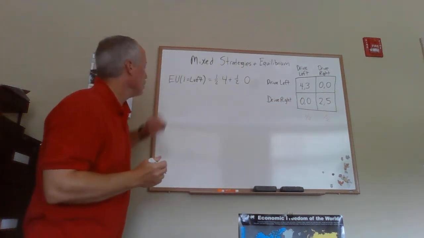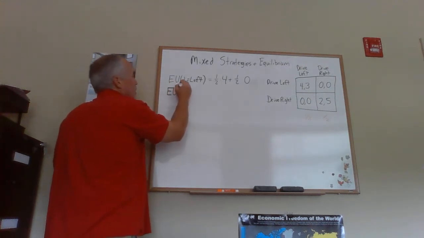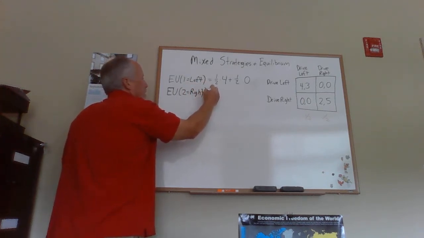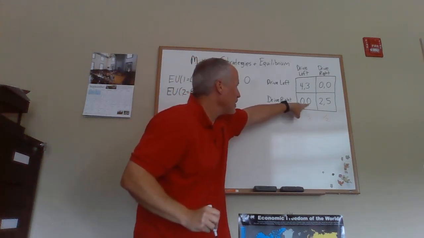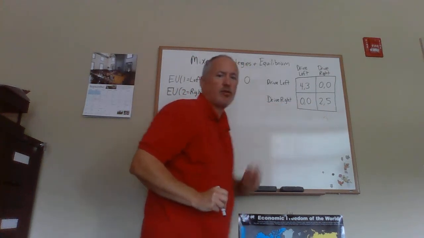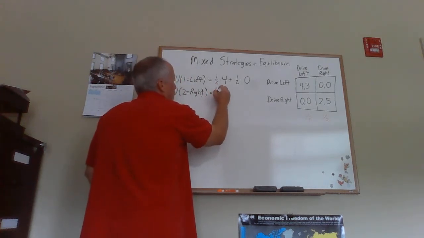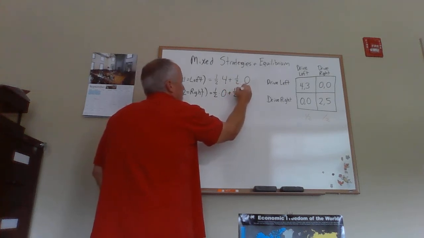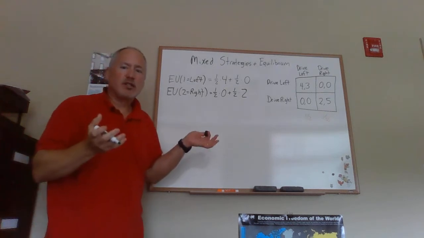And then if player 1 chose right instead, then again, they know they get this cell of the matrix with probability 1/2 and this cell of the matrix with probability 1/2. So writing that out, it'd be 1/2 times 0 plus 1/2 times 2. So this is an expected utility.